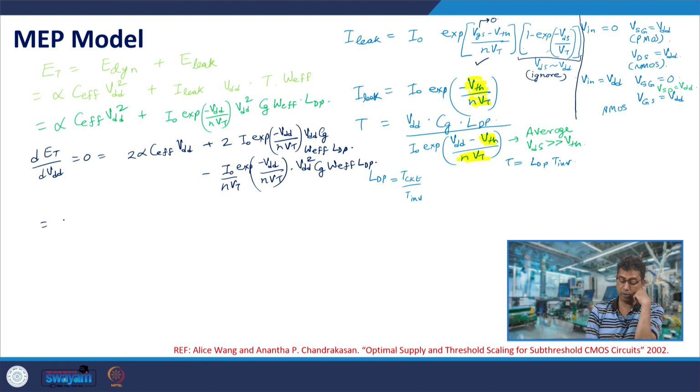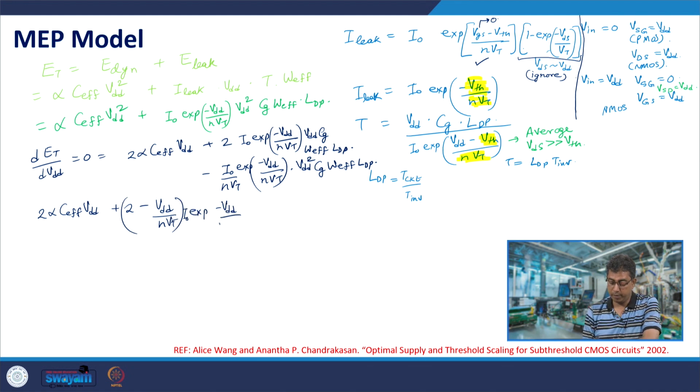So, this should be equal to 0, and you can write this as 2 alpha C effective VDD plus 2 minus VDD by NVT exponential minus VDD by NVT VDD Cg W effective LDP.